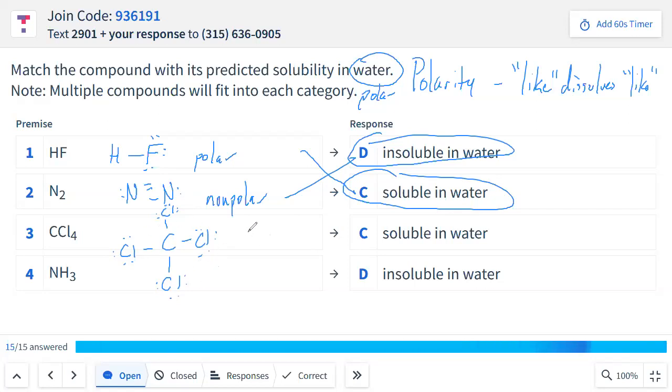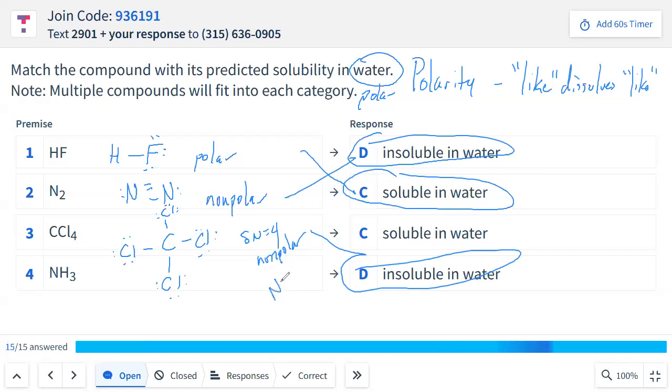But I can see here that I've got a molecule that has a steric number of 4, and all 4 of those bonds are identical. That's the very definition of symmetry. So this substance is nonpolar as well, which means it also is going to be insoluble in water.